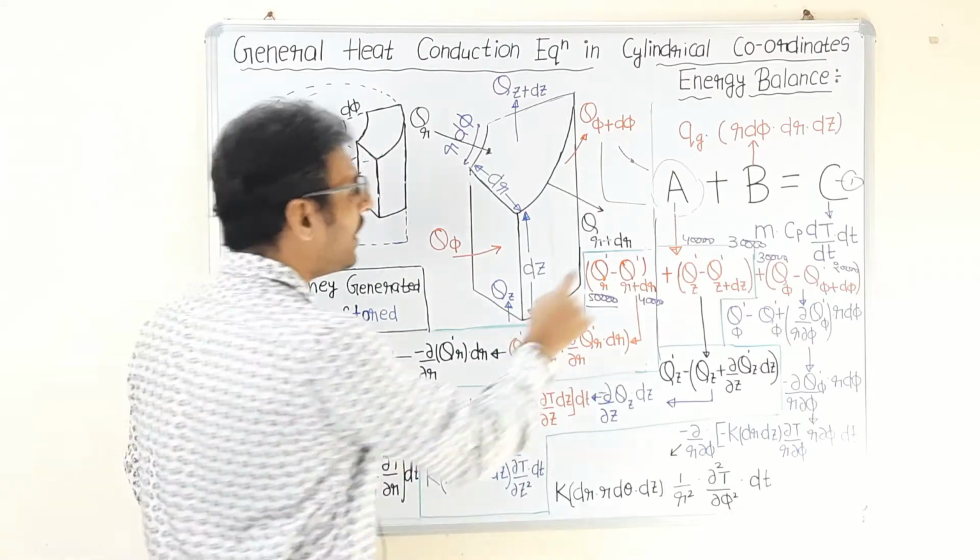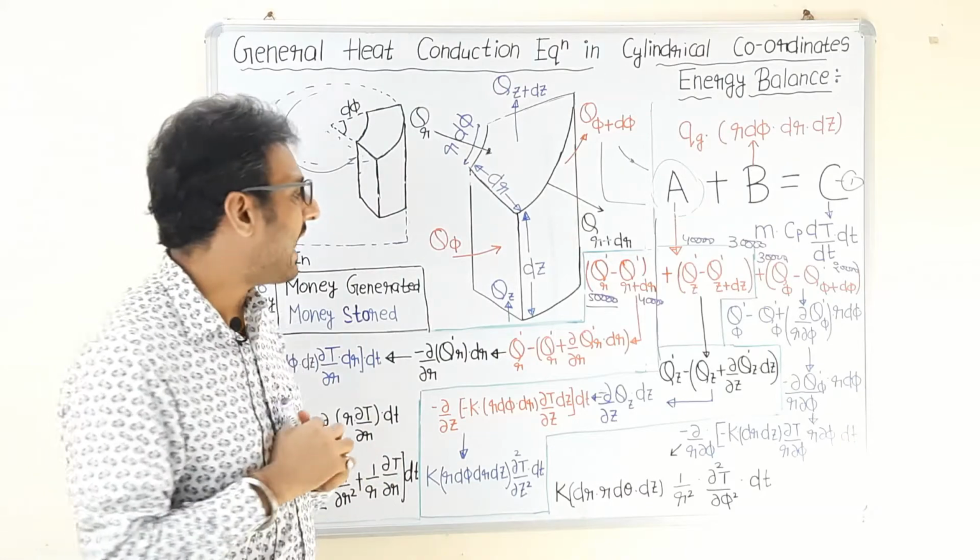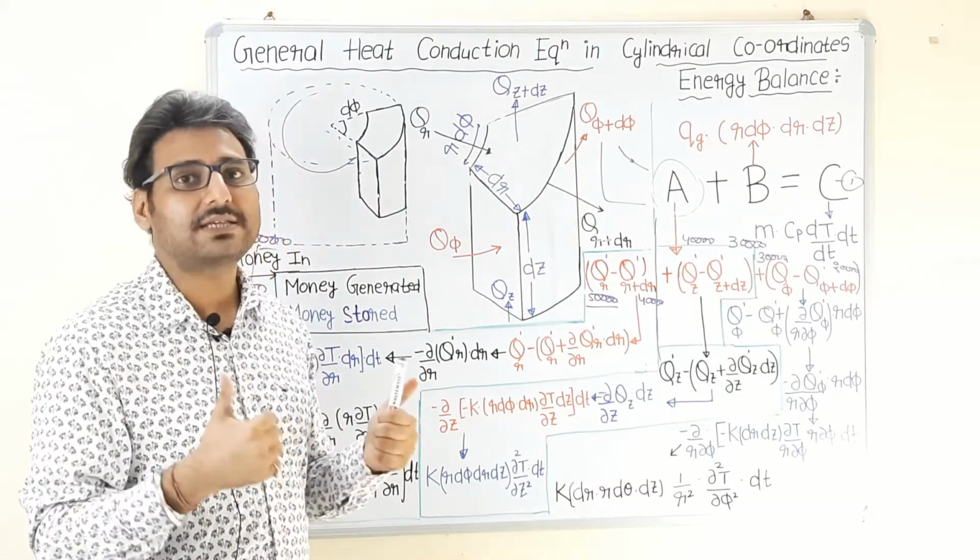Now Q_r+dr, as we already know, can be obtained from Taylor series expansion.